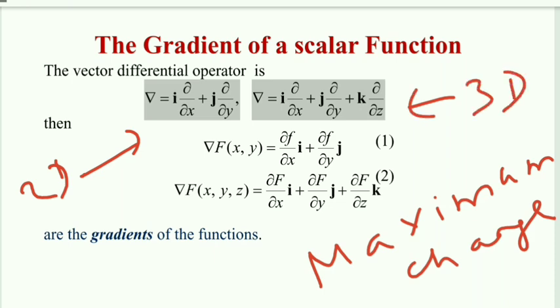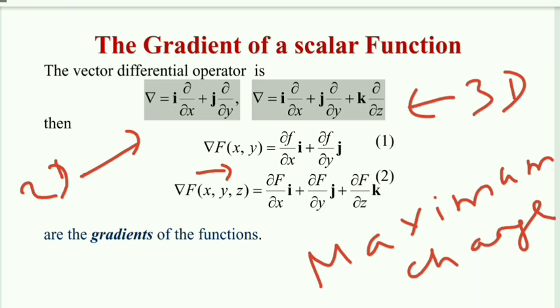Here we are going to study gradient. Gradient means the del operator operates on a scalar. Let us take one scalar function f of x, y. It is 2 dimensional, so I use the 2 dimensional differential operator. So del f of x, y is i into dou f by dou x plus j into dou f by dou y.